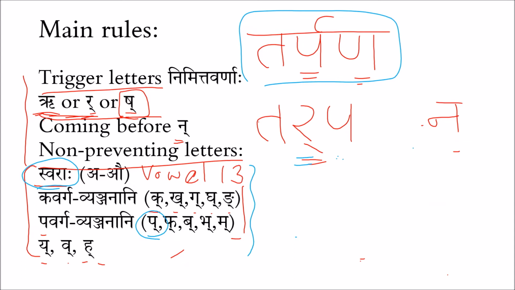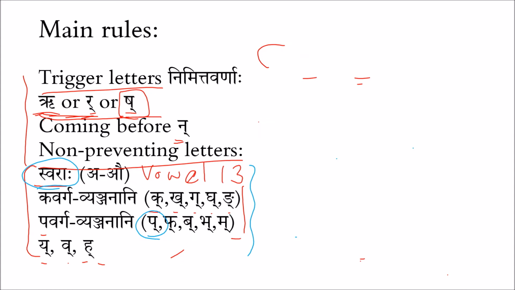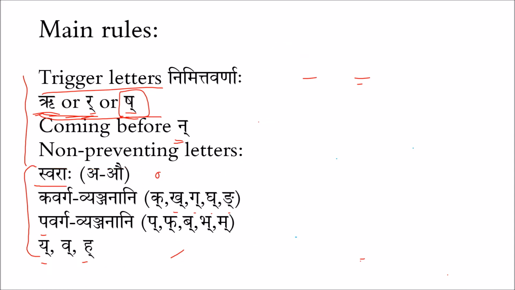So these are the two simple rules anyone can remember, that decide whether a na changes to Ṇa or not. Other examples which were given before, like harina, in that also na changes to Ṇa.